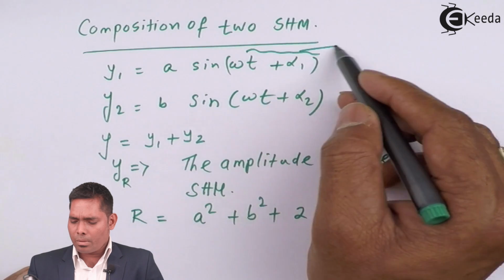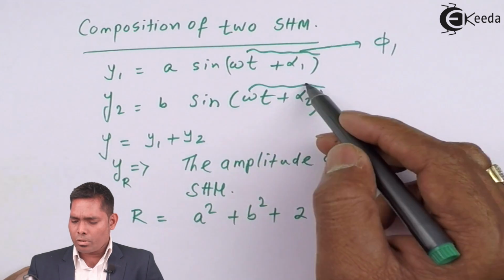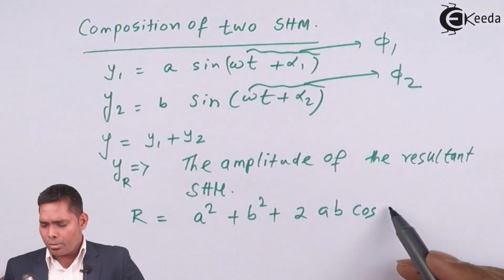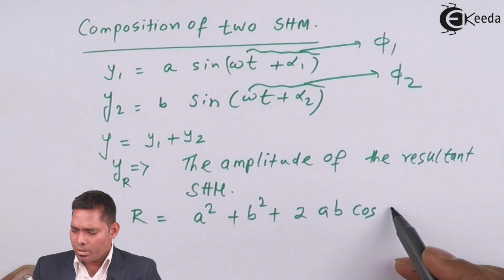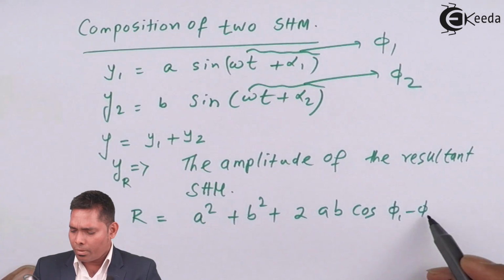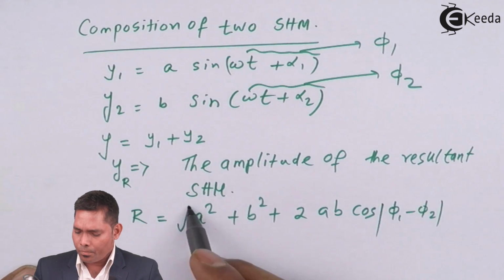Suppose this one is phi 1 and this one is phi 2. So what is the phase difference? That is the magnitude of phi 1 minus phi 2, mod.